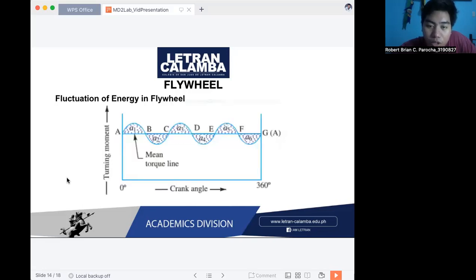Next is the fluctuation of energy in flywheel, which shows that the graph has its consistency from the flow of the crank angle from point A to point G. Therefore, our flywheel is maintaining its consistent speed in such a crank angle.